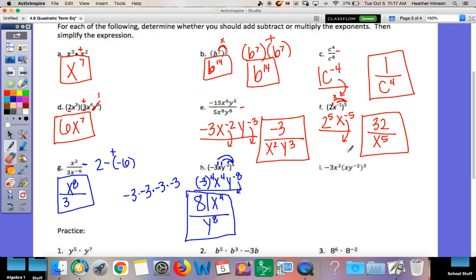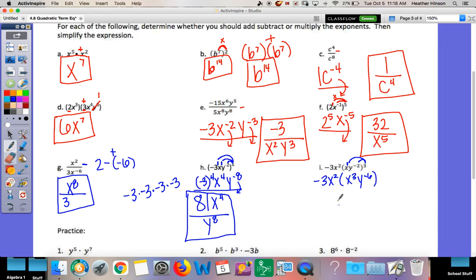And our last one, we have another exponent outside the parenthesis, so we're going to distribute to our exponents inside. So x to the 1st times 3, that's going to become x to the 3rd. y to the negative 2 times 3 is y to the negative 6.